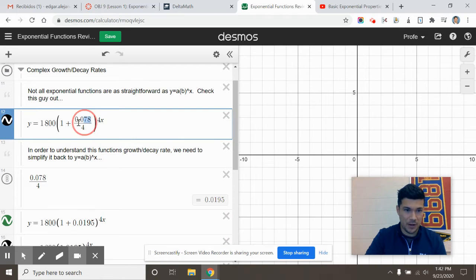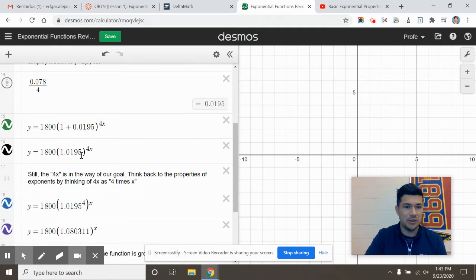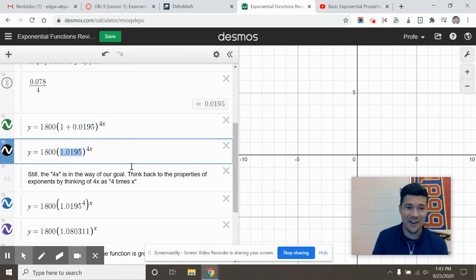So you can simplify what's inside of your parentheses, that's order of operations, and you end up finding that the decimal inside of the parentheses is 1.0195, meaning that we see growth. This is going to be a function that grows, probably. The tricky part is this function is actually not growing by 1.95%. So in this case, that's still not a b value.